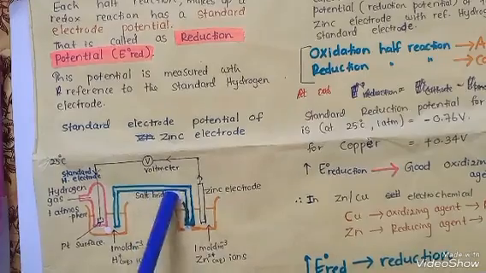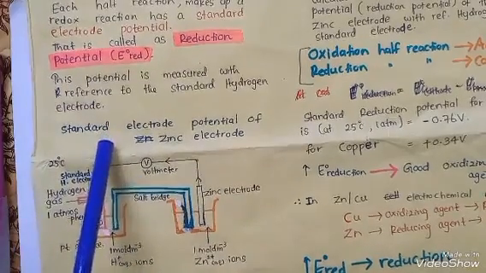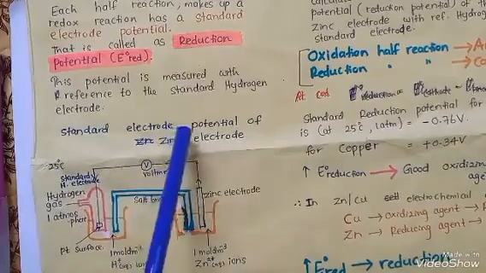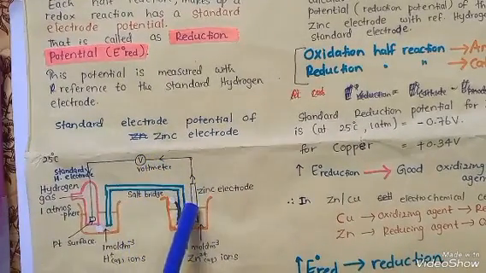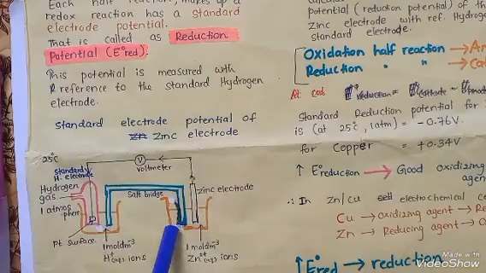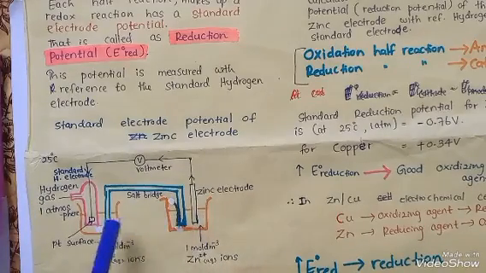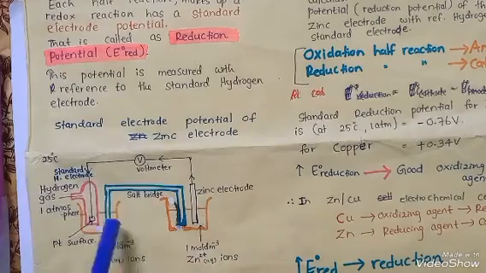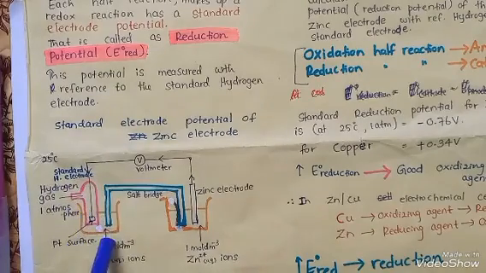In this diagram, this is the setup for measuring the standard electrode potential of the zinc electrode, with the 1 molar Zn2+ ion solution, the salt bridge, and the standard hydrogen electrode in 1 molar H+ ion solution.